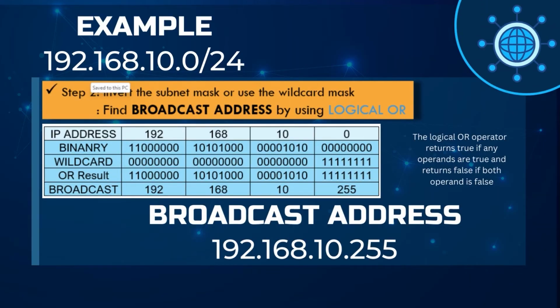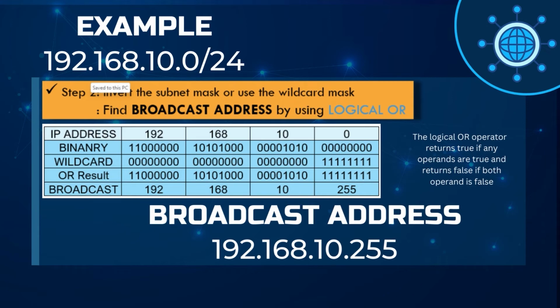For the next step, in order to find the broadcast address, first you need to invert the subnet mask, or use the wildcard mask. You can then use a logical OR operand to find the answer. Inside the table, you will compare the difference between logical OR and logical AND.